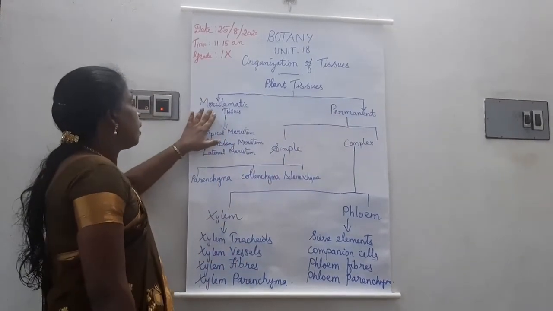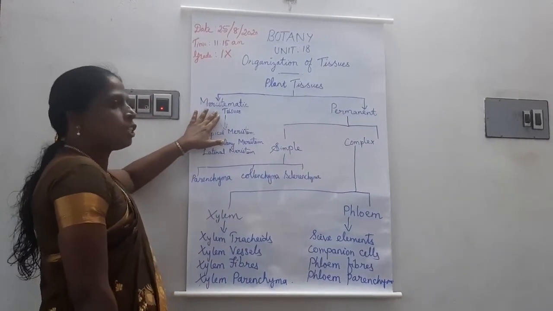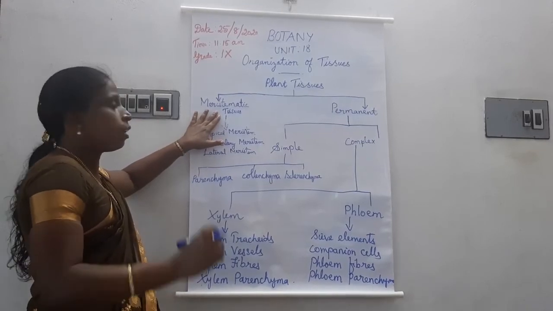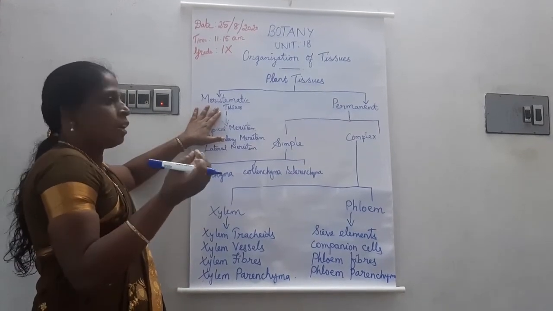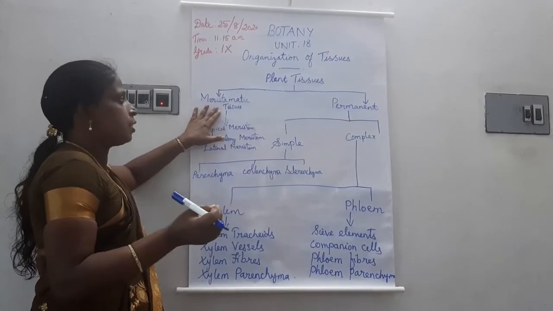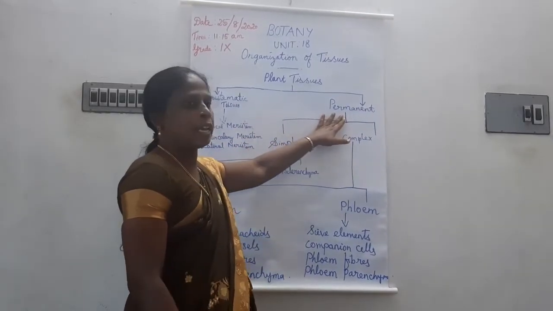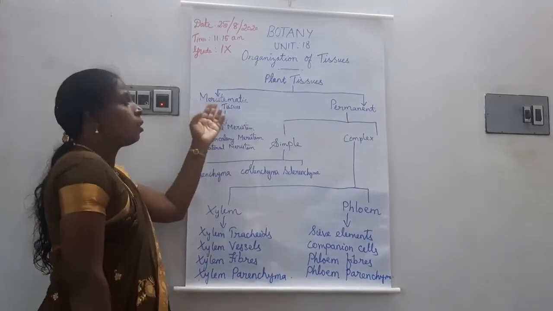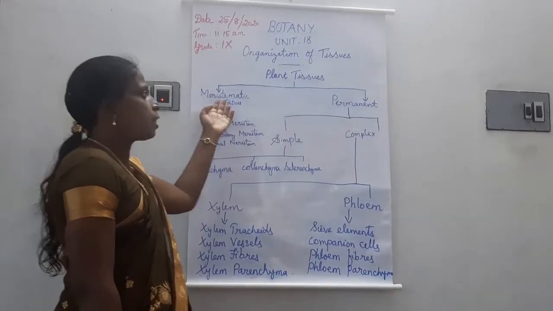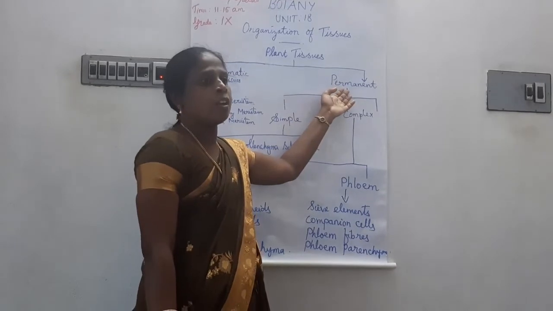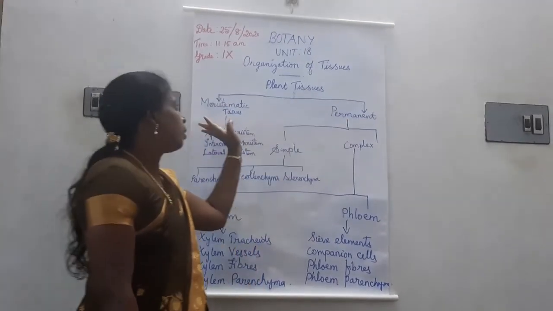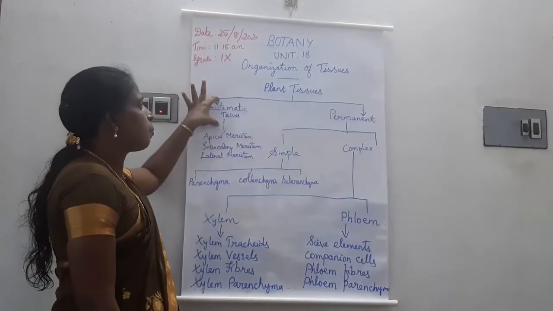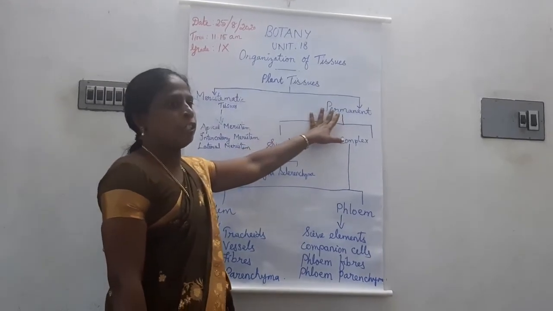And the function: the meristematic tissue gives mechanical support and elasticity. It gives only mechanical support. In meristematic tissue, cell division takes place. Here cell division does not take place. That is about the differences between meristematic tissues and permanent tissue.